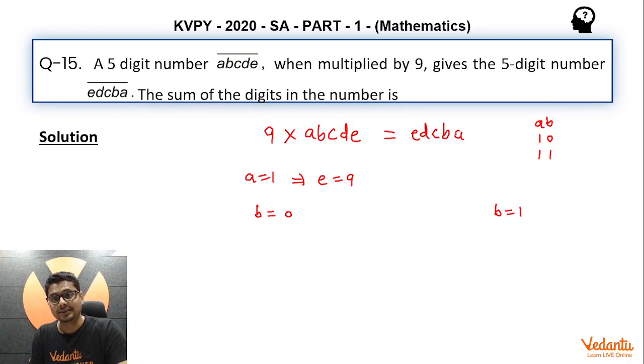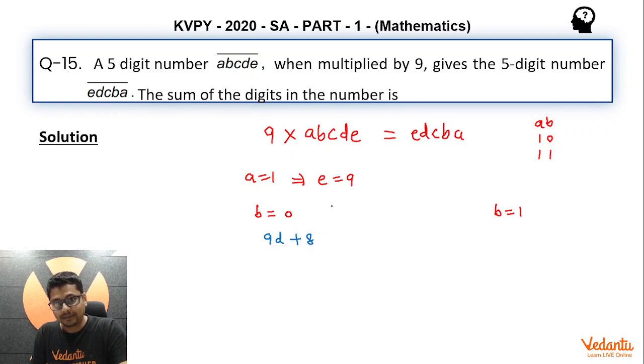So for you to have A as 1, E should be 9, so that you get 9 times 9 as 81. Now A becomes 1 and 8 gets carried forward. So now, if you see carefully, 9 times D plus 8. Why? Because 9 times 9 is 81. Here you get 1's place as 1 and 8 gets carried forward.